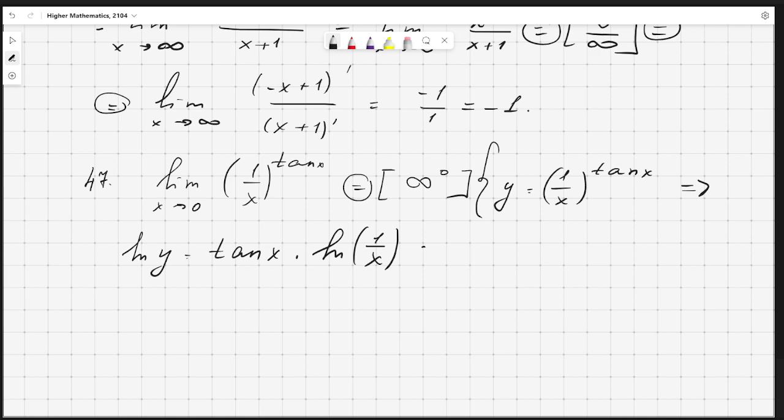From this, okay. Find limit of natural logarithm of y as x approaches 0. Oh, sorry. It is natural logarithm of limit y.